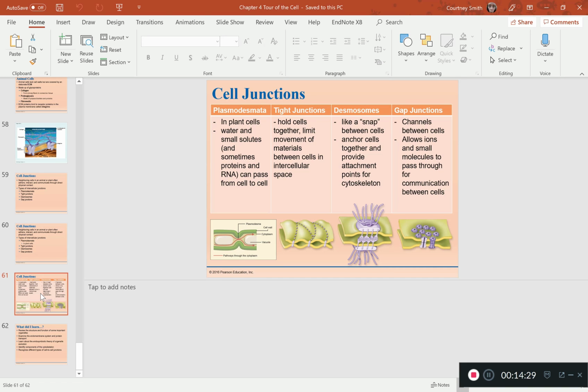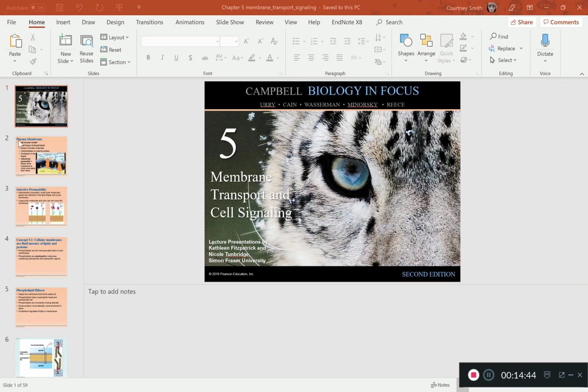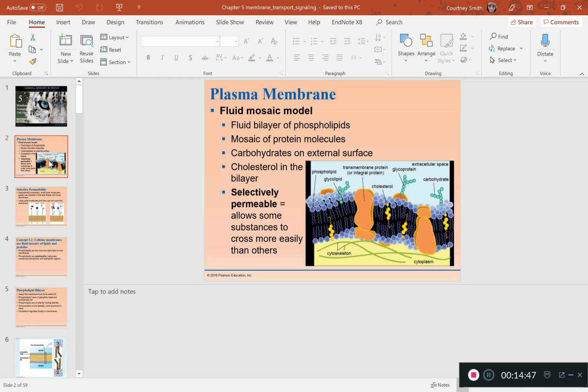Okay, so next it says name and describe the roles of the components of a fluid mosaic model. The fluid mosaic model brings us to chapter 5, so that is right here. The fluid mosaic model is a phospholipid bilayer for our membrane, and it's a mosaic model because proteins are constantly moving about within it.